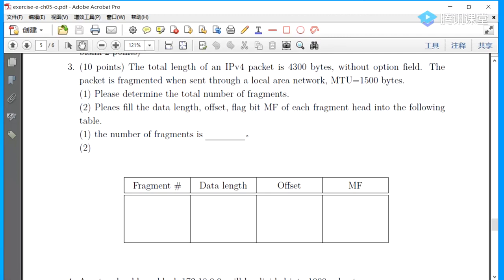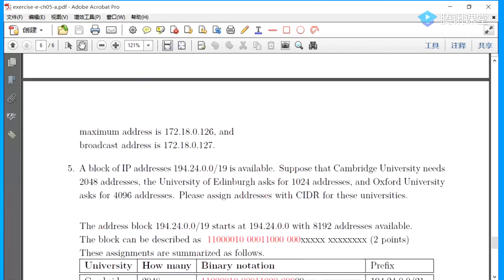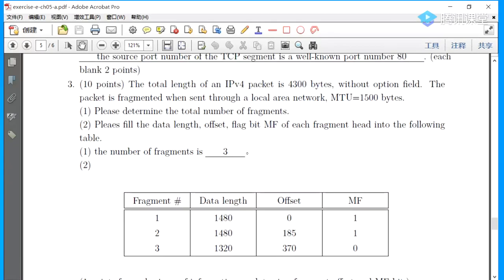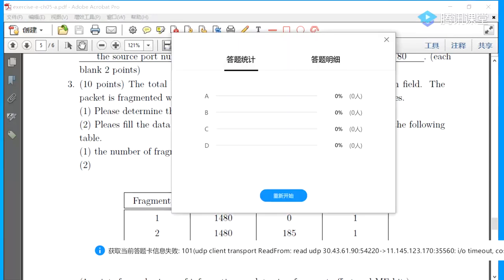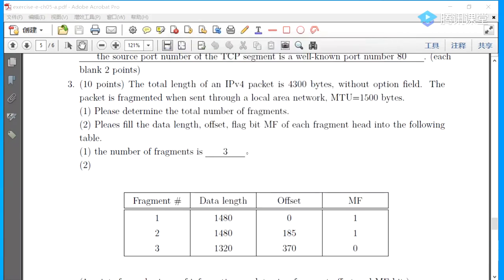Now I will illustrate why the number of fragments is 3.